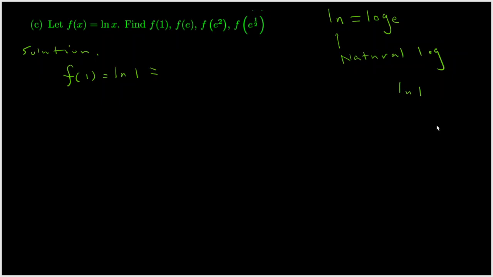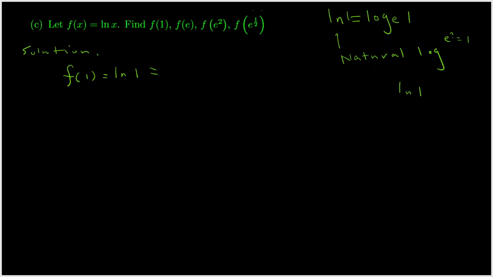I think you did a few questions about the log on your assignment. Now let's recall how we get natural log of 1. It means the log to the base e of 1, right? And then you think e to what power is equal to 1, or you remember an important point.